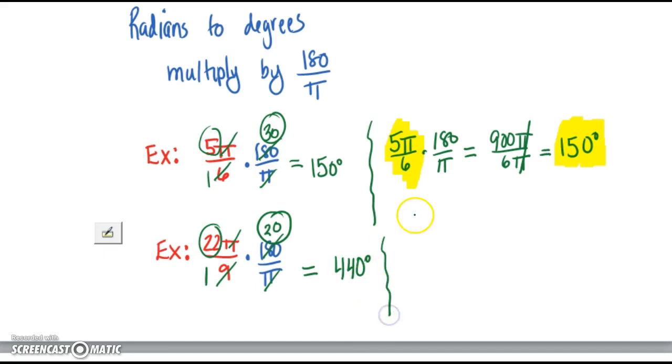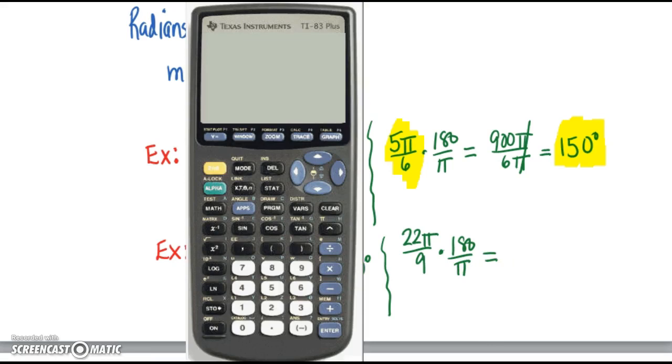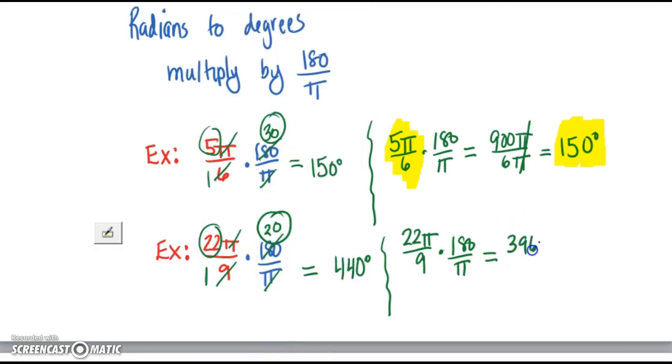And that's fine. Or, again, if you're not comfortable with that arithmetic, take 22 pi over 9 times 180 over pi and multiply across with your calculator. So 22 times 180, and that numerator is 3,960 pi over 9 pi.